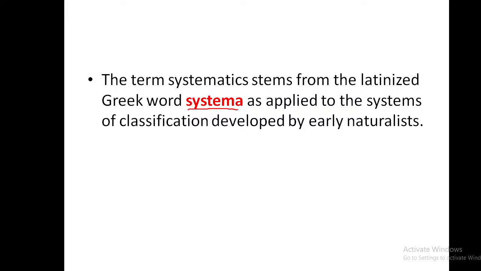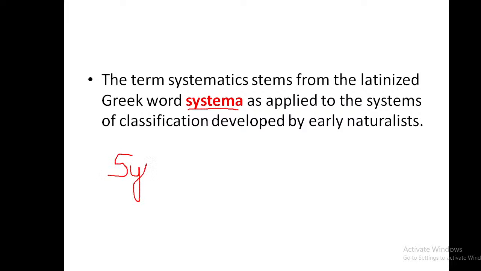So systema എന്ന വാക്കിൽ നിന്നാണ് systematics എന്ന പേര് വന്നത്, and it is applied to the systems of classification developed by Carl Linnaeus in his book Systema Naturae.